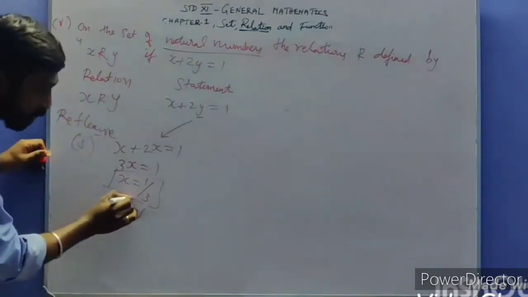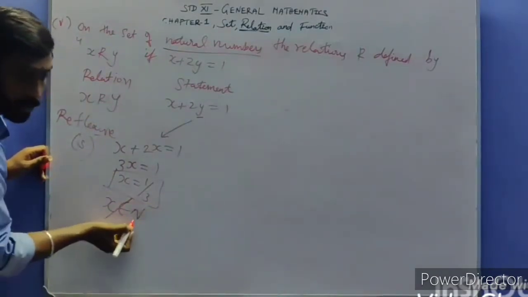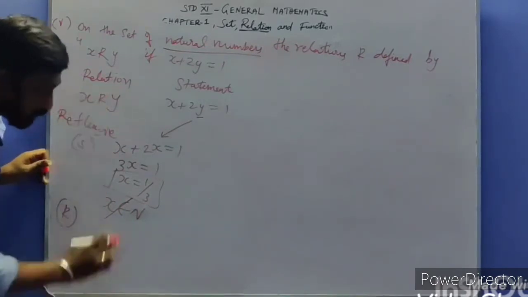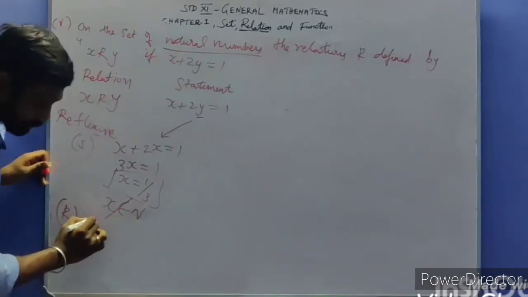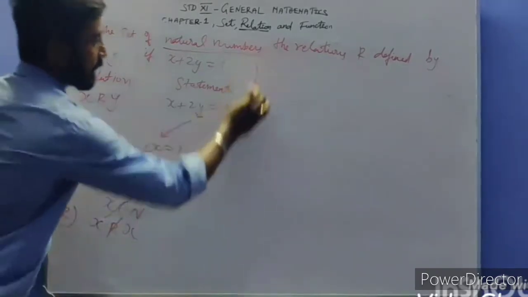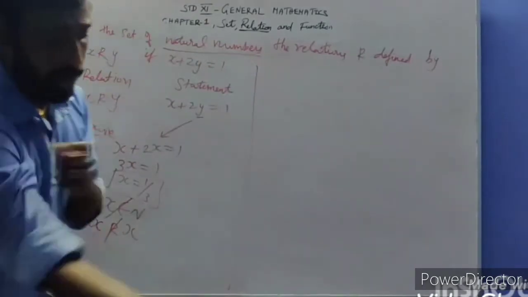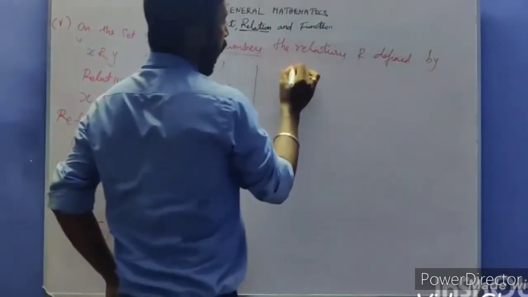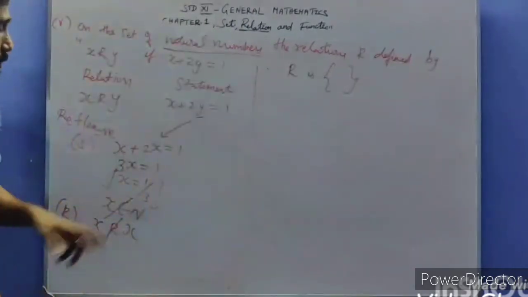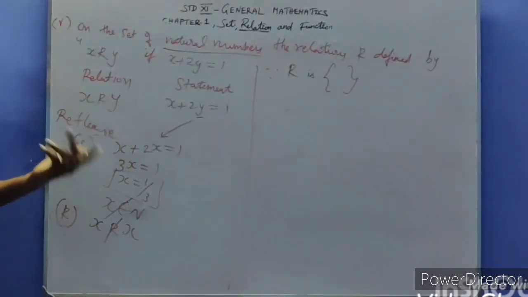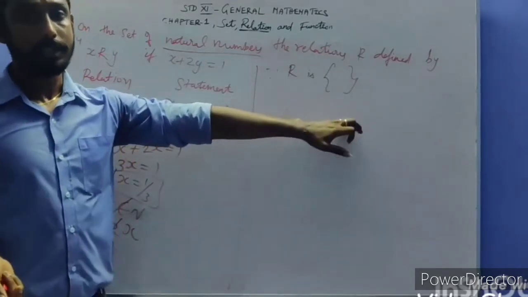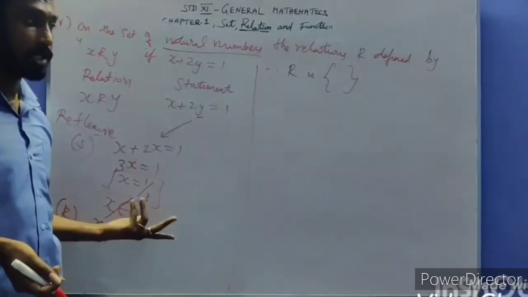So here x is not a natural number, and you have to write x not related to x. In this sum, R is a null set, because natural numbers start with 1 and here we get 1 by 3.